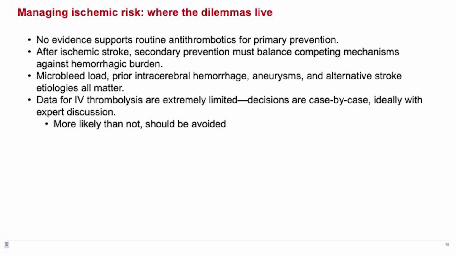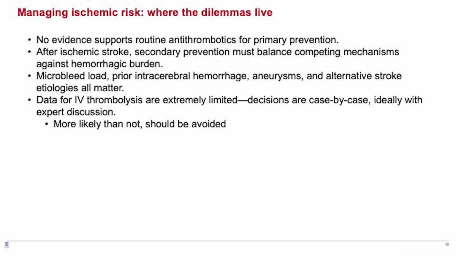And the data for using acutely IV thrombolysis, which is a drug that can break up clots when a patient is actively having a stroke in the early window, again, is not proven, and more likely than not should be avoided. Anything that increases the risk of bleeding really should make us pause.